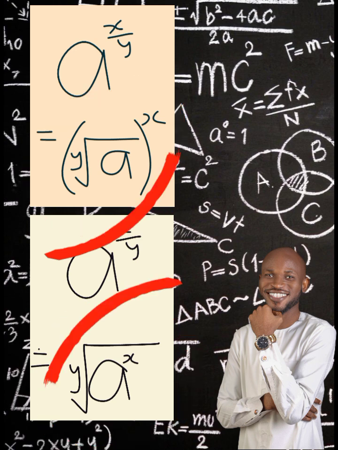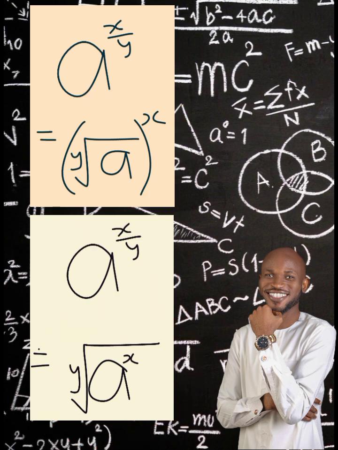It's that simple. If you're having a raised to the power x over y, is the same thing as saying the y root of a raised to the power of x.